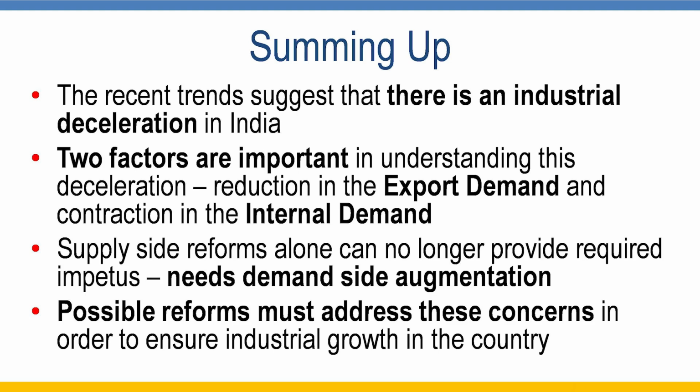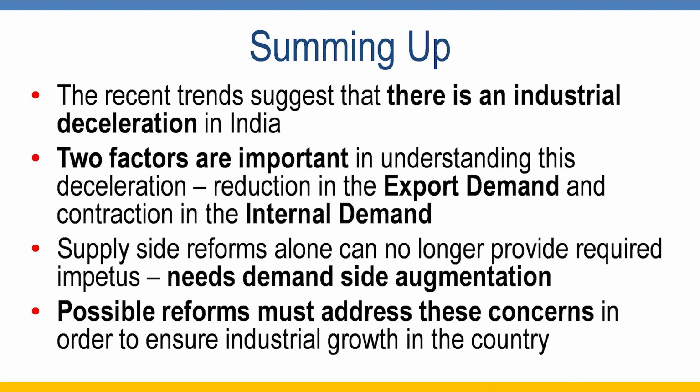The one is the reduction in the export demand owing to the global recession starting mid-2000 onwards, and also there is a contraction in the internal demand which is not able to sustain the industrial development within the country, particularly the consumer goods sector, owing to the stagnation or falling real income of the masses.